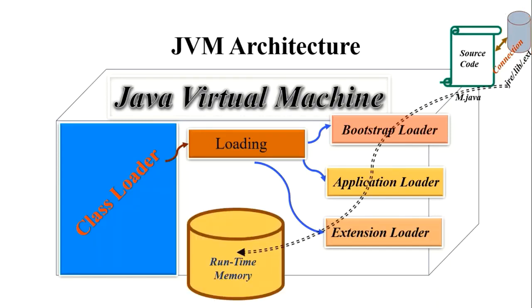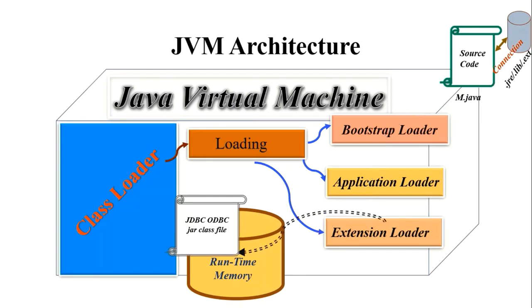An extension class loader makes the pre-compiled class file available to the JVM by loading files to the memory area. So extension class loader does what? The required JDBC, ODBC jar files for maintaining a connection between the source code and the database are loaded into the memory with the help of the extension class loader. So Bootstrap loading is the simplest task.